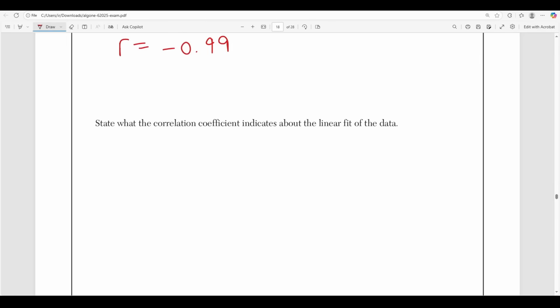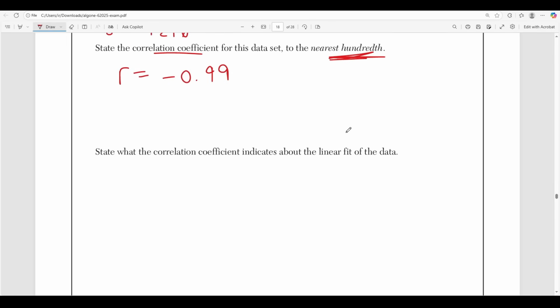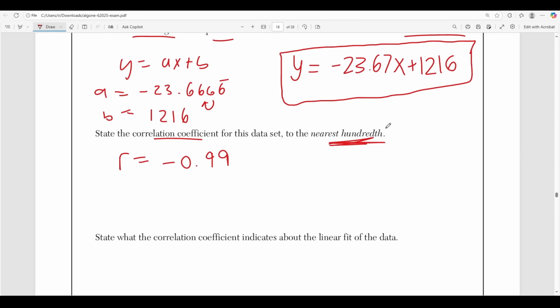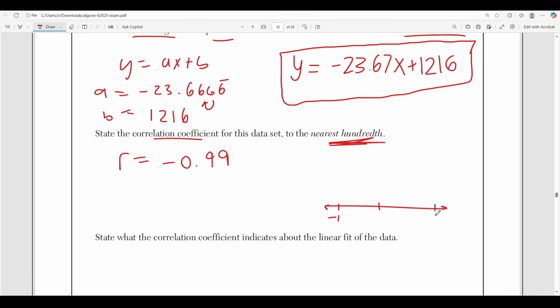So this next part asks us what the correlation coefficient indicates about the linear fit of the data. The correlation coefficient is just a rating that the calculator gives its equation, for how accurately it would fit an actual linear equation. It ranges anywhere from -1 all the way up to +1.